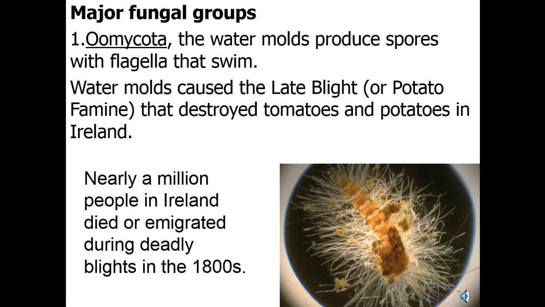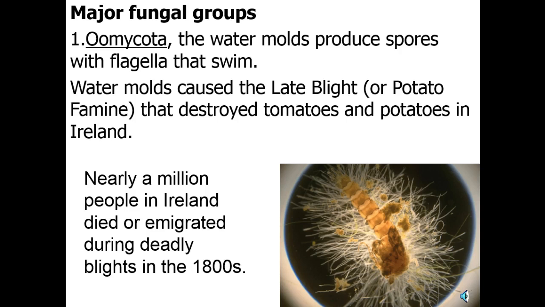Fungal groups, there are so many types of fungi, it's amazing. Mycota, these are the water molds. Everybody has seen them because they grow on our lettuce and all of our stuff in the refrigerator, the crisper. The slimy part of an ear of corn, that's a water mold.